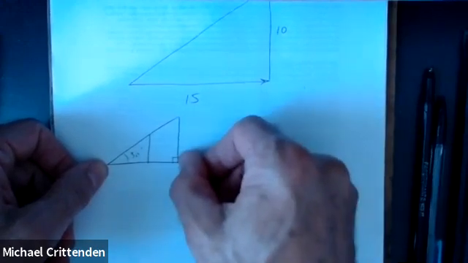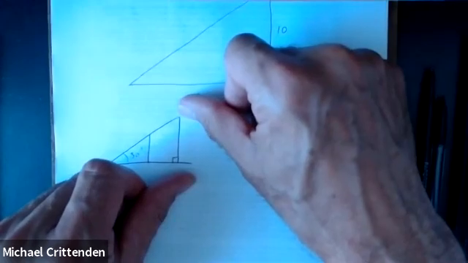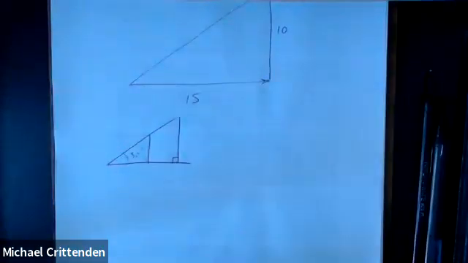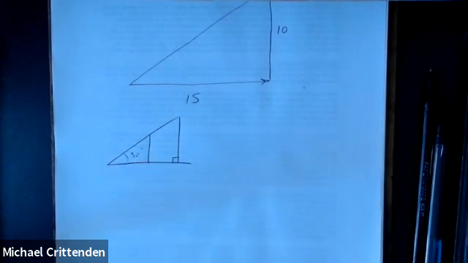If this is half of that, this will also be half of that. And when you divide them, you're still going to get the same ratio. Okay? So as long as he draws a right triangle with a 30-degree angle in it, that's all that matters.